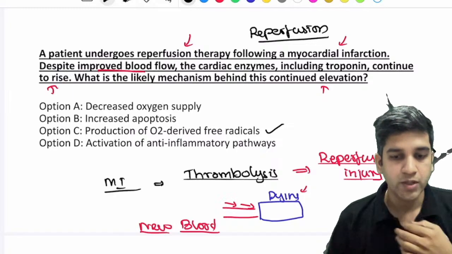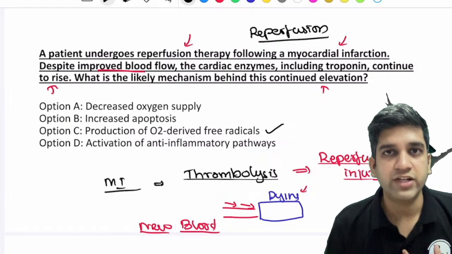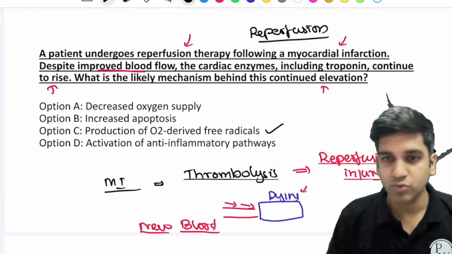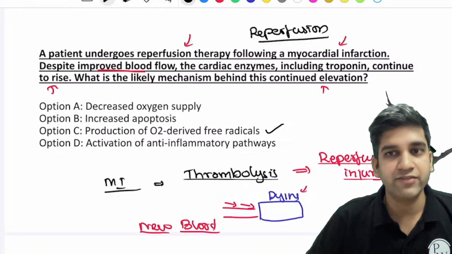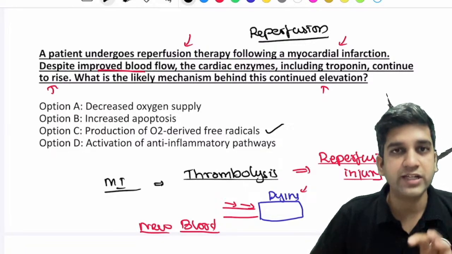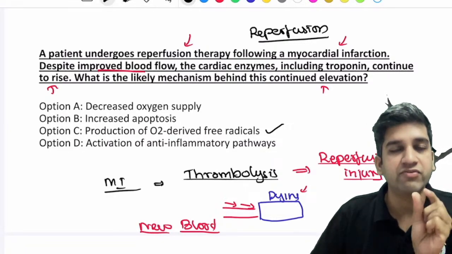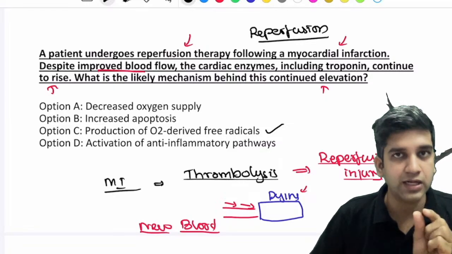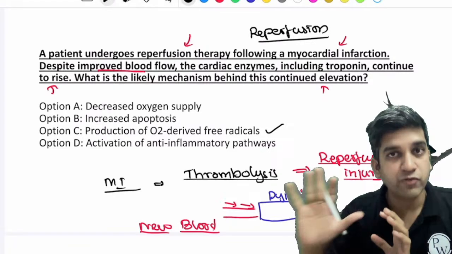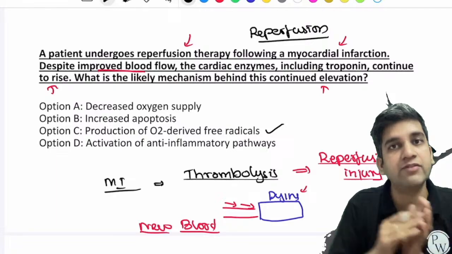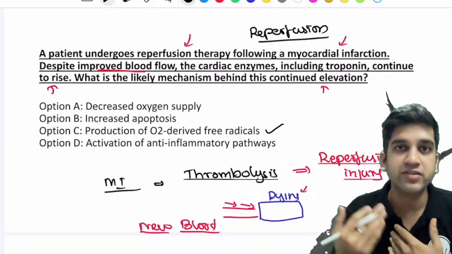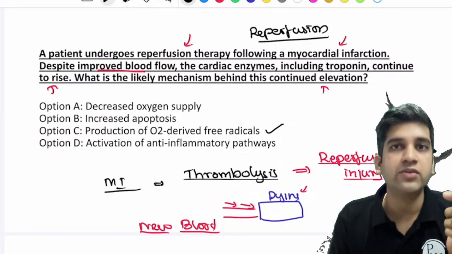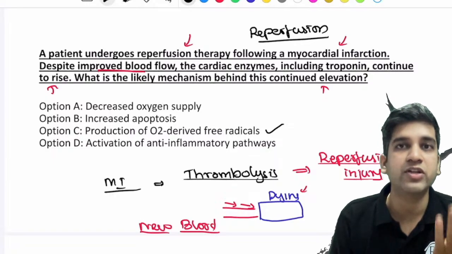Fine. Now, how do you treat MI? If this is true, ideally there's no way to treat MI, right? Everything is gone. So the way to treat MI is the same reperfusion, but within something called a golden hour or critical time. Reperfusion injury happens only when I give it after some time. With research, we said for stroke, within 4.5 hours I have to give perfusion again.